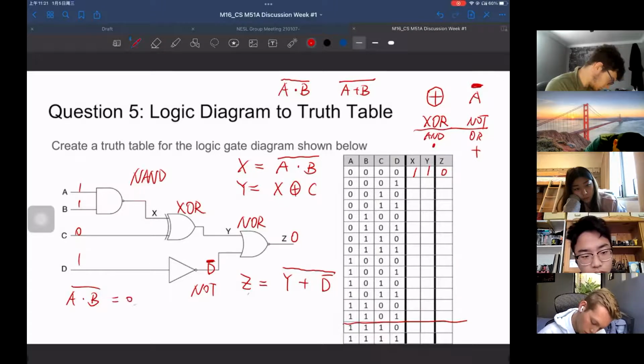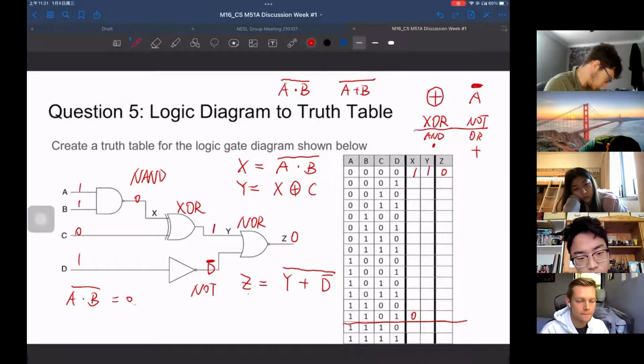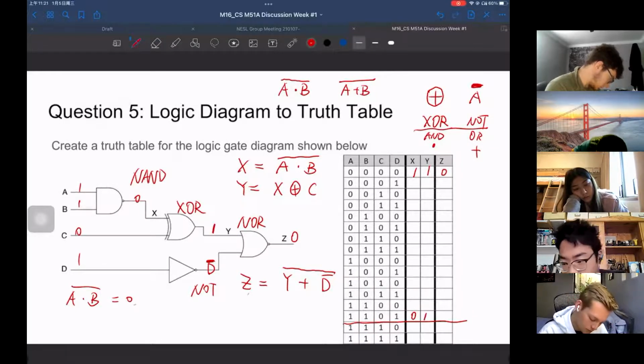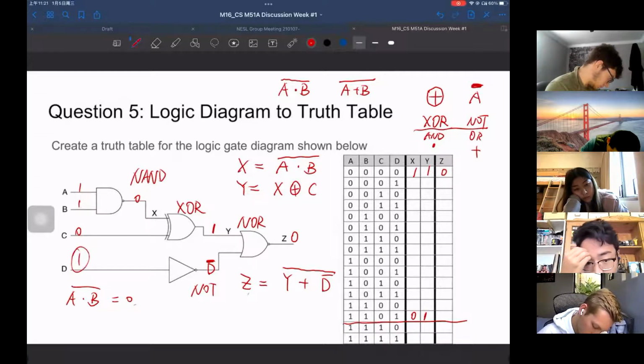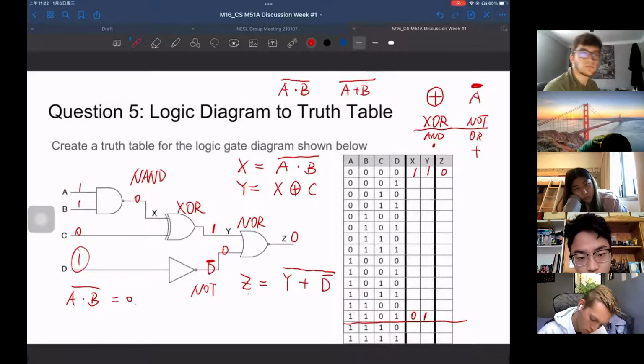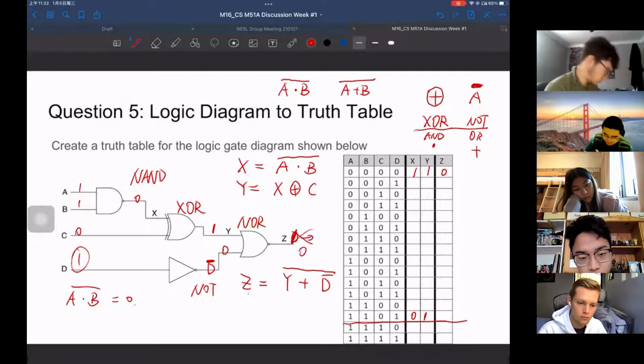So X is 0. And in that case, we have X XOR 0; they are the same, so it outputs a 1. So Y is 1. D is input as a 1, and we invert it to a 0. So now we have NOR of 1, 0. 1 or 0 is 1, but inverted, so it's 0.